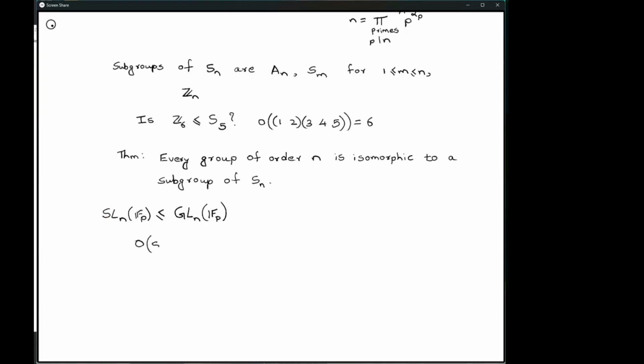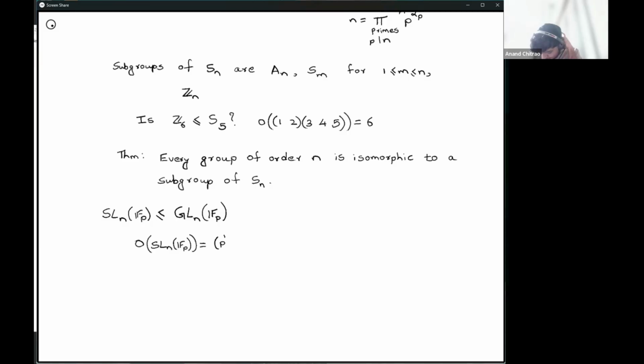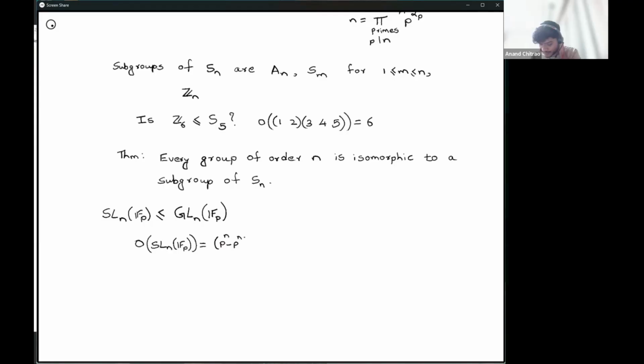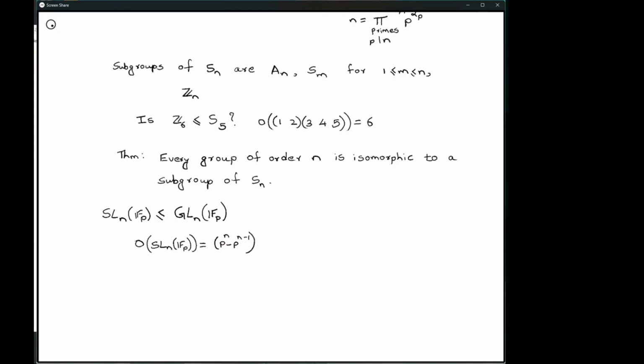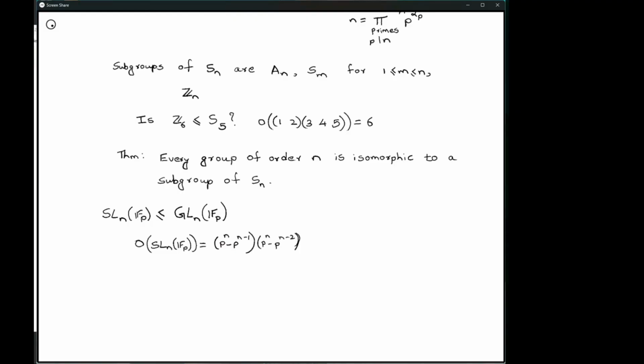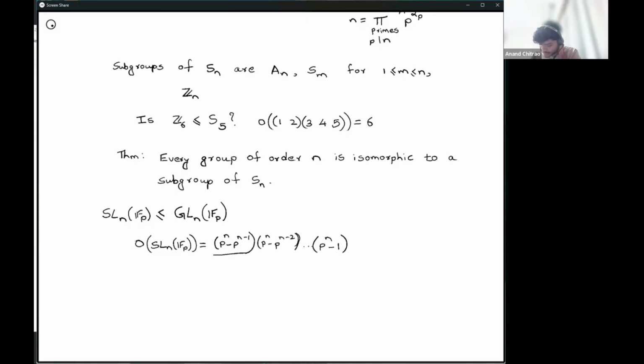p raised to the power n minus 1, then close the bracket, again p^n minus p^2, and dot dot dot at the end p^n minus p^(n-1), divided by p minus 1.